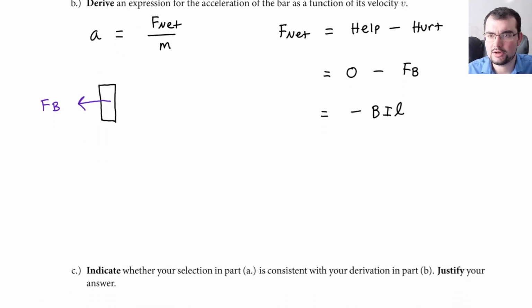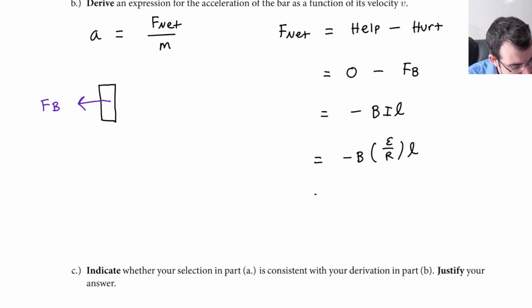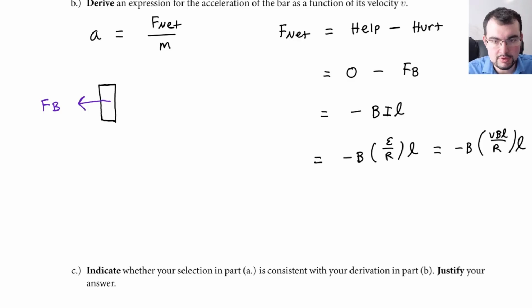All right, now we start our substitution frenzy here. So what is the Bill force? Well, what is current? Current is, of course, just EMF over resistance by Ohm's law. Okay, and I think we're going to run out of space, so we'll do it here. And what is the EMF? Well, this is the motional EMF formula, just VBL over R. So now we can simplify and we get that result we actually got in the first problem.